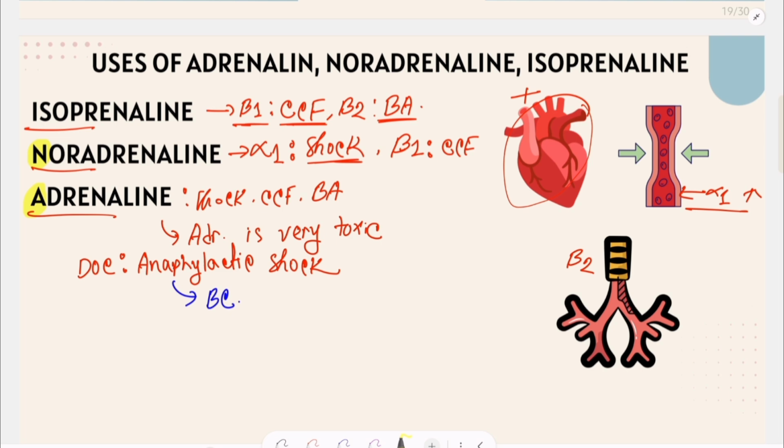So if we give noradrenaline, it will increase the blood pressure, but the person may die because of respiratory problems. On the other hand, adrenaline stimulates all the receptors, so it can treat shock and cause bronchodilation. That's why adrenaline is the drug of choice for anaphylactic shock.